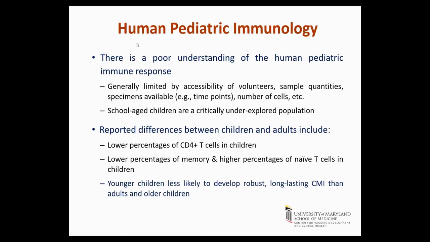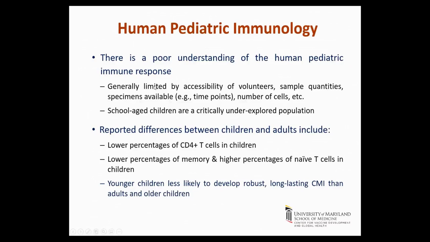So, human pediatric immunology is very important because the responses in children and adults are not necessarily the same. And there is a very poor understanding of the human pediatric immune response. This is due to many reasons, particularly accessibility of volunteers, the quantities of cells that we can obtain, time points that can be studied, etc., which makes them a critically underexplored population.